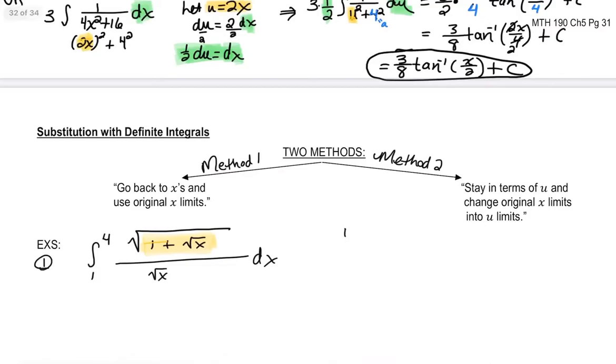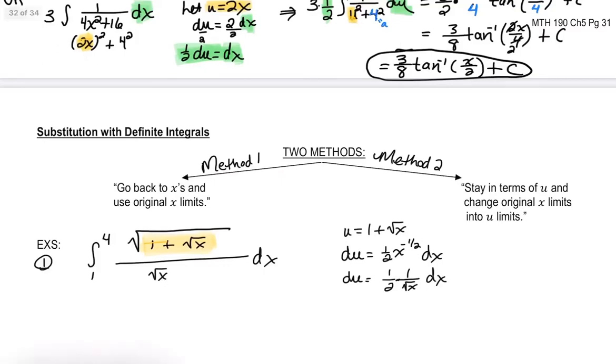So we're going to let our u equal 1 plus that root x. And that, of course, means that du, that's x to the 1/2, so that's going to be 1/2 x to the negative 1/2 dx. Or, if you prefer, we could say that is the same thing as 1/2 times 1 over the square root of x, or 1 over 2 root x dx.